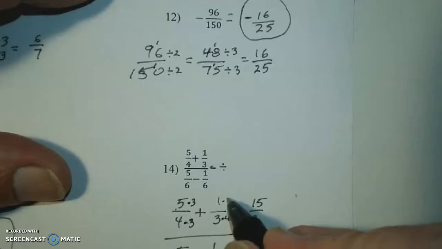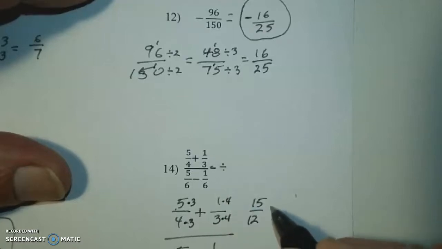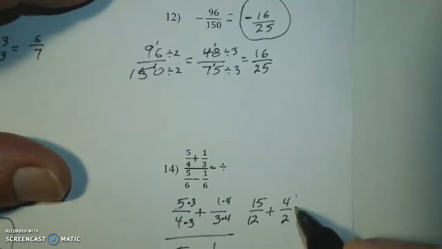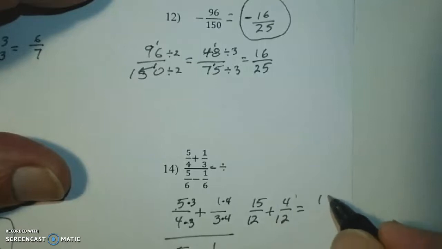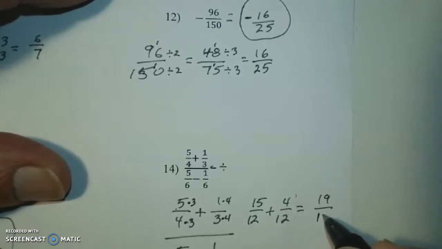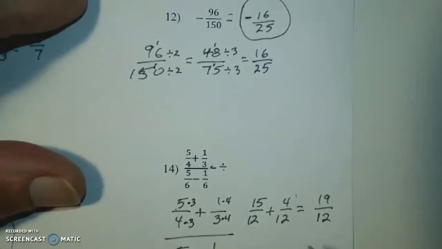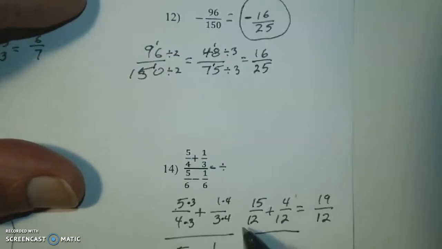Multiply the numerator also by 4. So it's plus 4/12. And so our numerator is actually 19/12. Don't worry about changing it into a mixed number right now. We're going to work with that in just a moment.